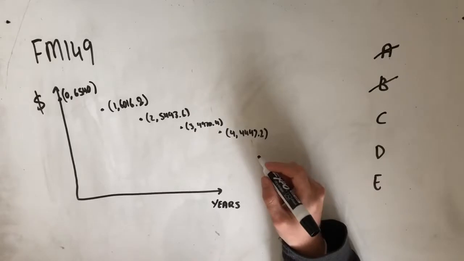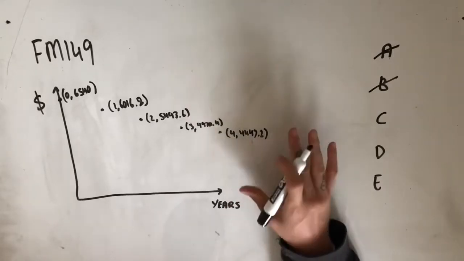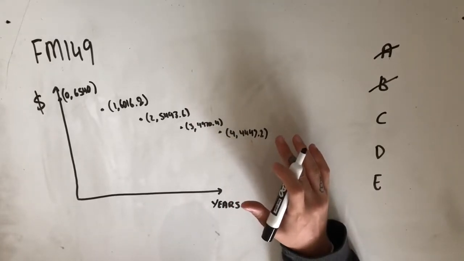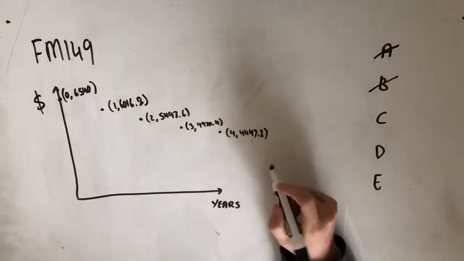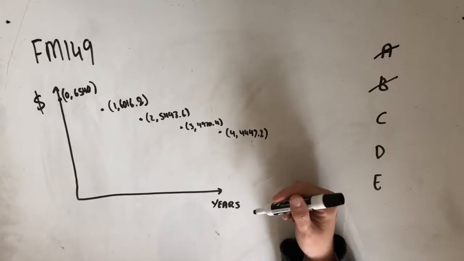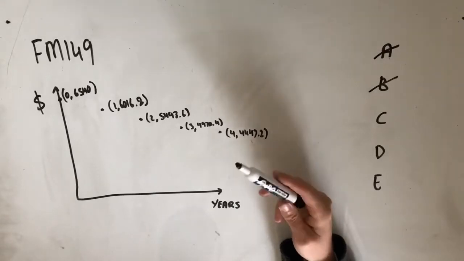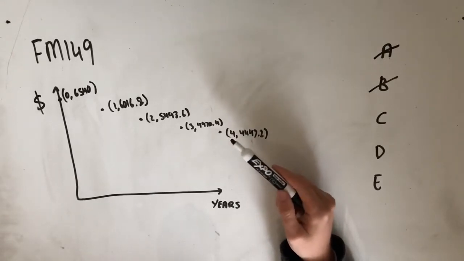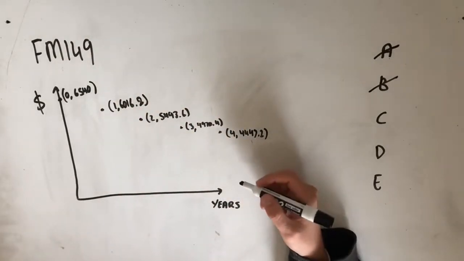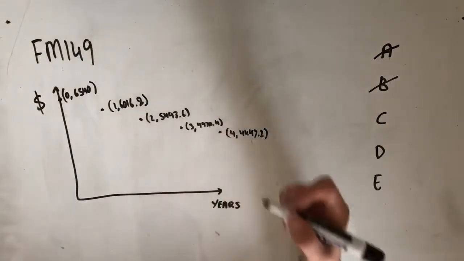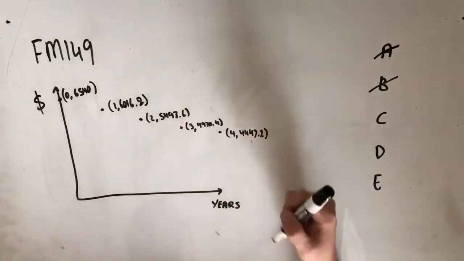Now this is where we're starting to get into what it could be. So we're looking at a reducing balance rate of 8% per annum. So now it's up to us to look at our numbers and figure out what's actually going on here. So we need to figure out whether this is a reducing balance or flat rate depreciation or what actually is going on in the maths here. Now a pretty easy way of doing this is to look at what we're going down by at each step.